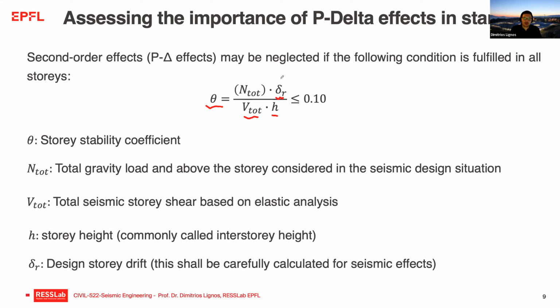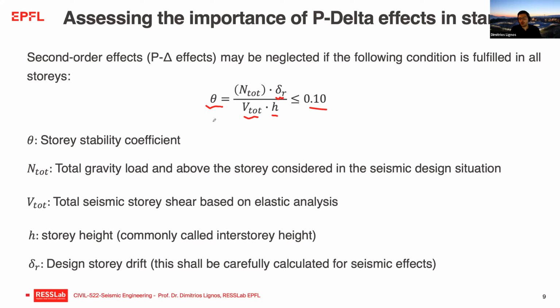So this quantity here is a normalized quantity, it doesn't have units. And as long as your stability coefficient is less than 0.1, then although the frame is deflecting, you can neglect the second order effects because they are not anticipated to be very large, and the effects on your frame are going to be very minimal.